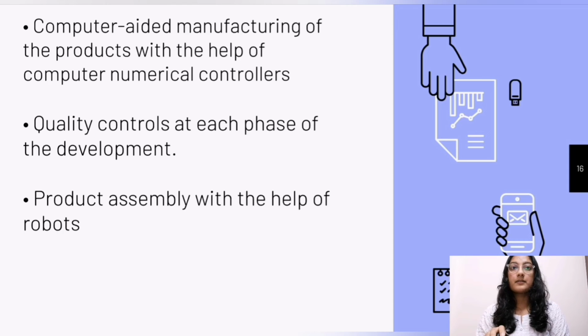Then product assembly is done with the help of robots. So that is what computer integrated manufacturing is. It includes a lot of automated machines and is based mainly on robotics and scientific methods which are integrated together so that the process happens smoothly and systematically without a lot of human involvement.